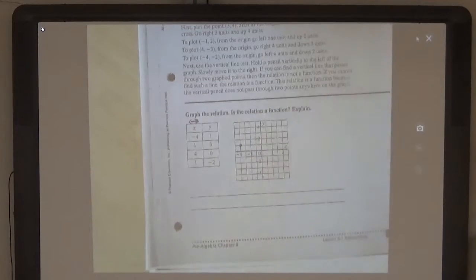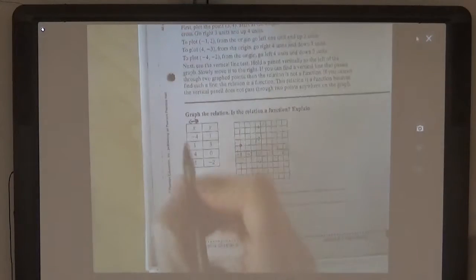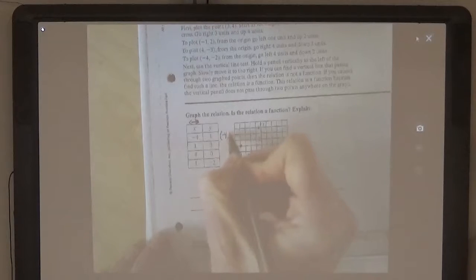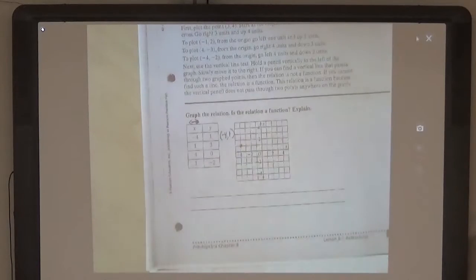And mark that point. The first point is -4, 1. The x value is -4. The y value is 1. And so go to -4, 1. And mark that point.